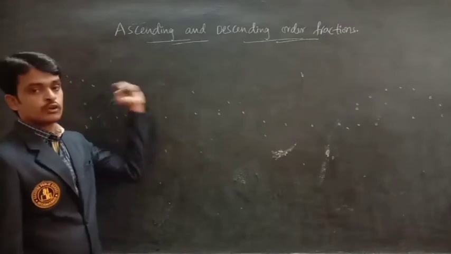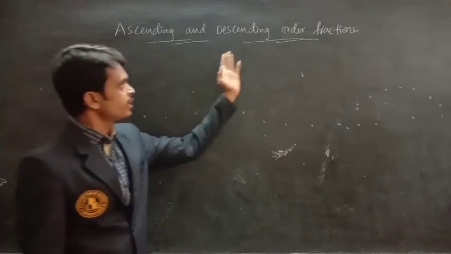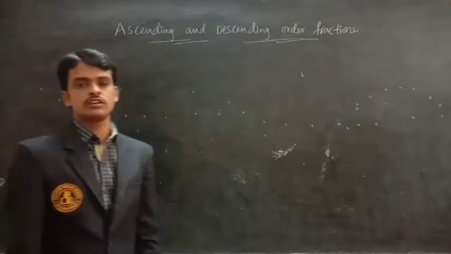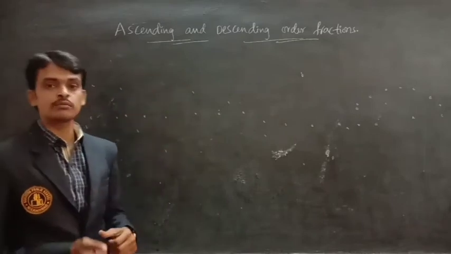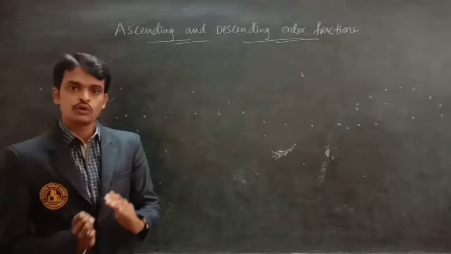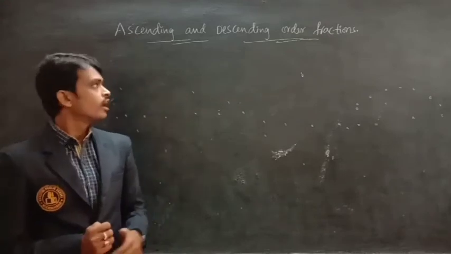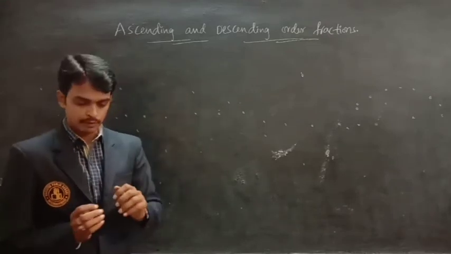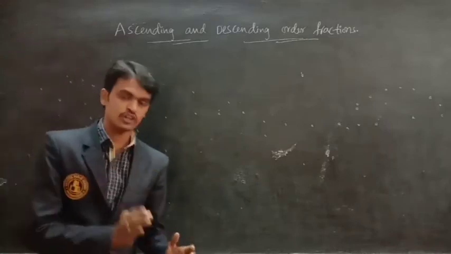Let us discuss the ascending and descending order of fractions. Ascending is nothing but writing the numbers from smallest to biggest, and descending is from biggest to smallest.